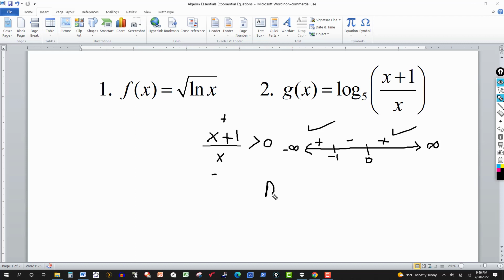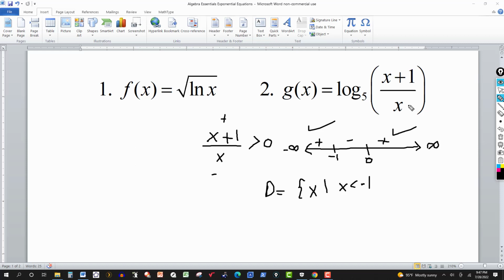From that, then you can say the domain. First, write it in set builder notation. It's the set of all x such that, okay, we're looking for positive, so to the left of -1, x is less than -1.